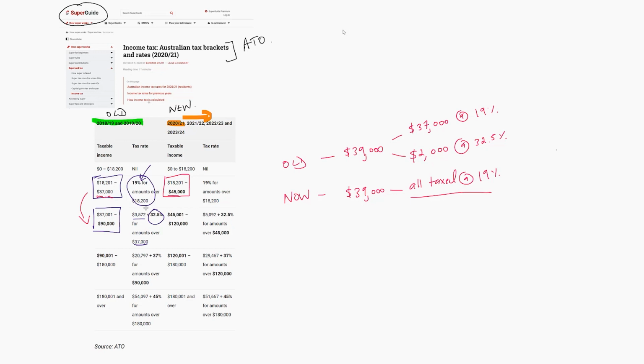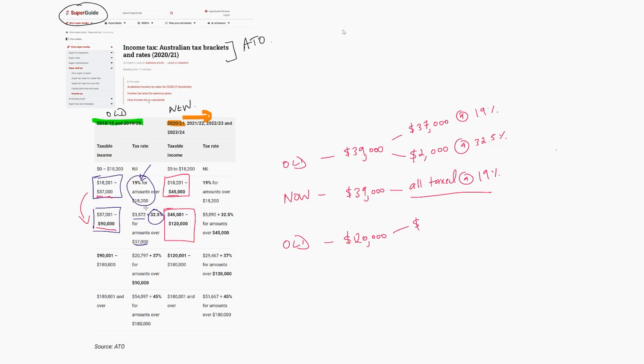If I look at this other bracket here, can you see that rather than stopping at 90,000, this new bracket stops at 120,000. So let's say that I used to earn $120,000.